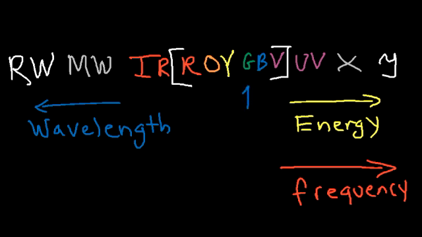Green is to the right of yellow, so as you go to the right, frequency increases, so a green photon has a higher frequency than a yellow photon. Now, which one has a longer wavelength, ultraviolet light or X-rays? Wavelength increases to the left, so ultraviolet light has a longer wavelength than X-rays. So you may see questions like that, so if you know this chart, you can answer any of those types of questions.